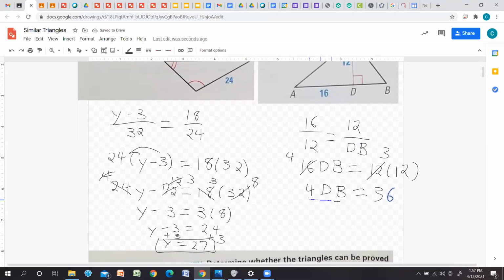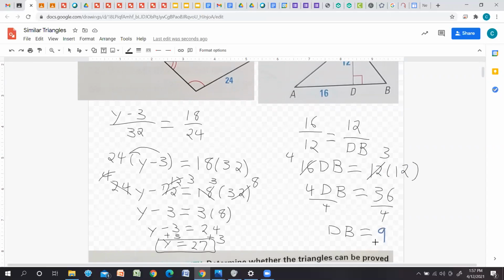Divide by 4, and we get DB equals 9. Then again, I go back up and check. If I look at my proportions, this is the shorter leg of the smaller triangle, so it makes sense that it's a lesser value, right? It's the least value. All right, very good.